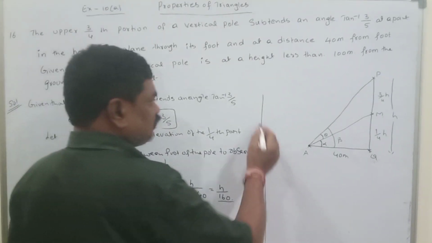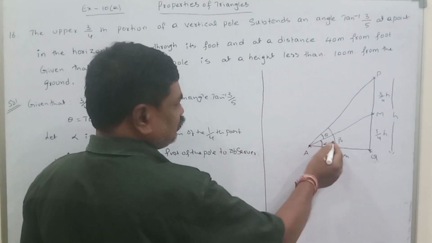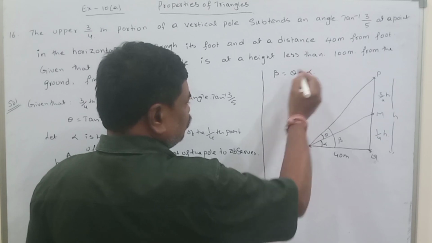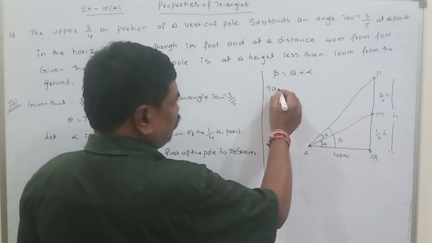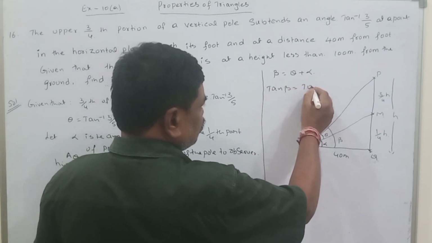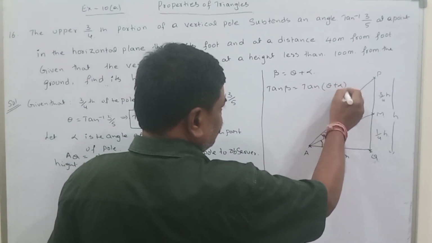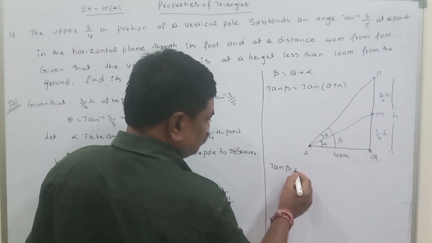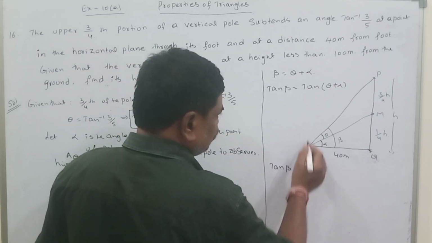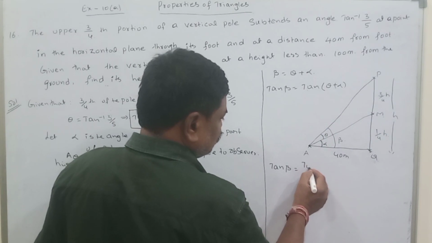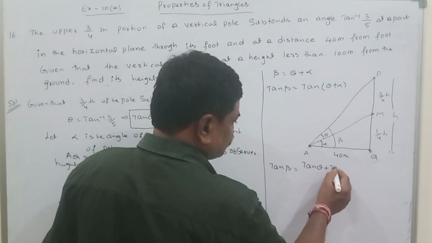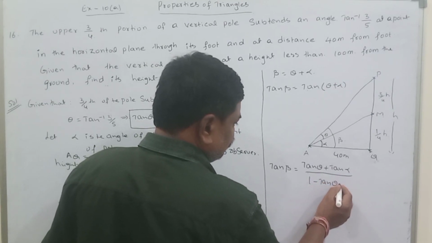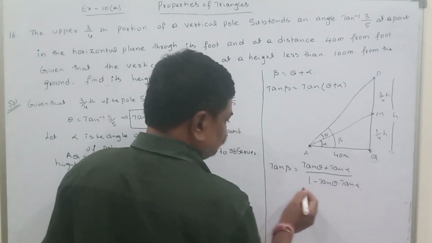Then from this triangle, beta is equal to theta plus alpha. Tan beta is equal to tan of theta plus alpha. So we write it in the tan of A plus B form: tan theta plus tan alpha by 1 minus tan theta into tan alpha.